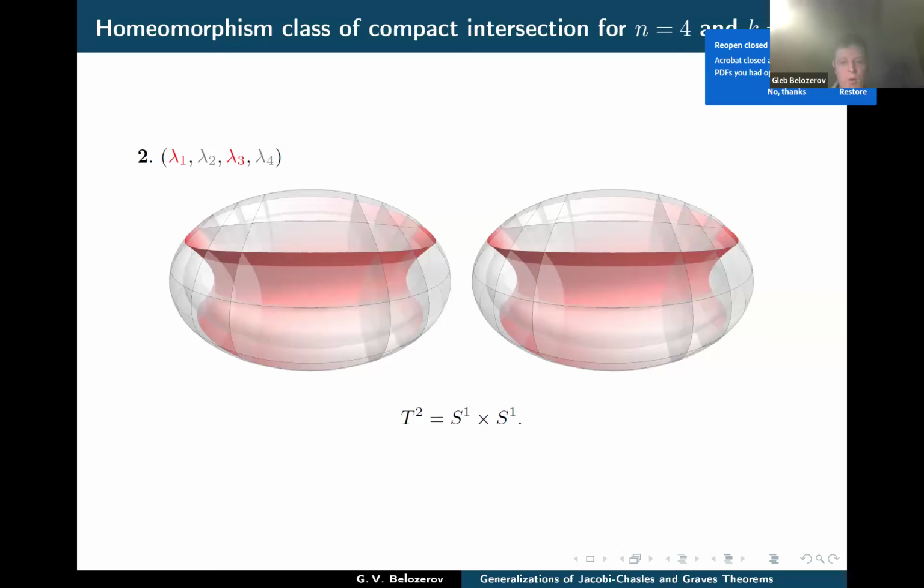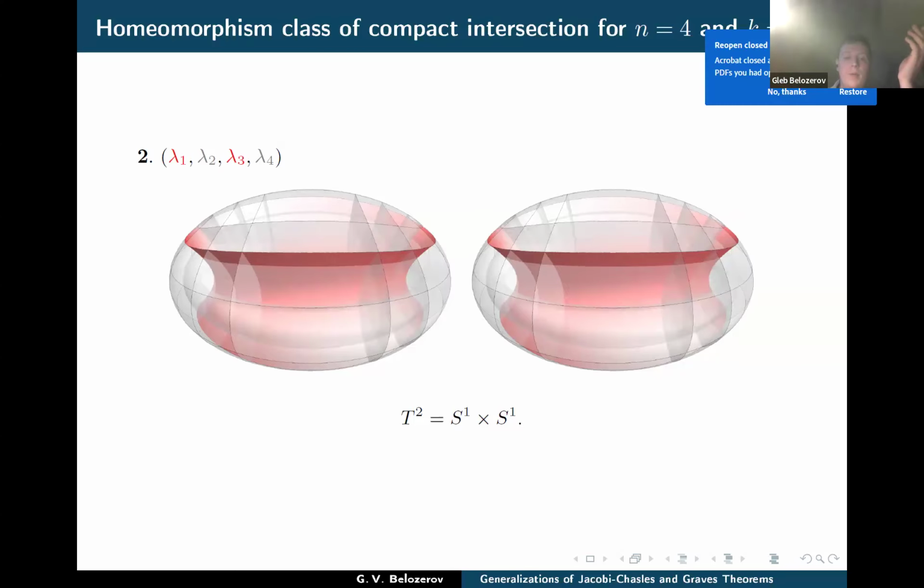In any region, we obtain the cylinder, and after the gluing, this cylinder will be... the cylinders go to the two-dimensional torus, but the two-dimensional torus is homeomorphic to the direct product of circles.